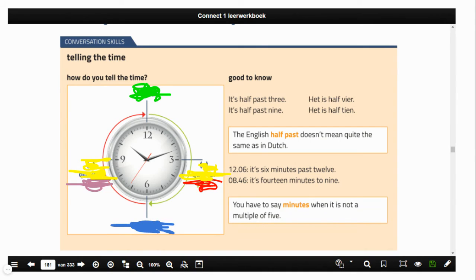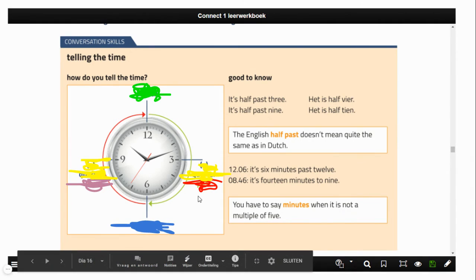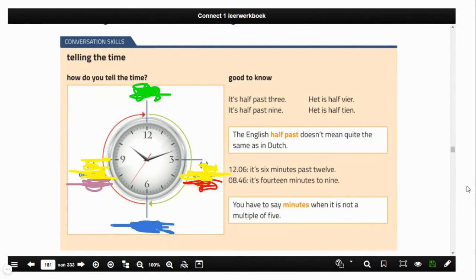But first of all, let's have a quick look at this clock and let's find out if you remember the 5 expressions. Let's have a look at the red color first. If the long hand goes to the right, which word do you need to remember? Good one, past. If the long hand goes to the left, you need to remember the word to.